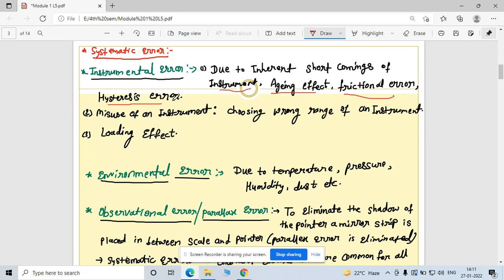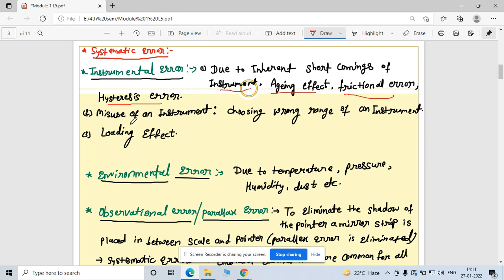These depend on every instrument. And there is misuse of the instrument, like choosing the wrong scale of the instrument. If you choose the wrong scale, and whatever you want to measure falls under the nonlinear part of the scale, then you lose accuracy.